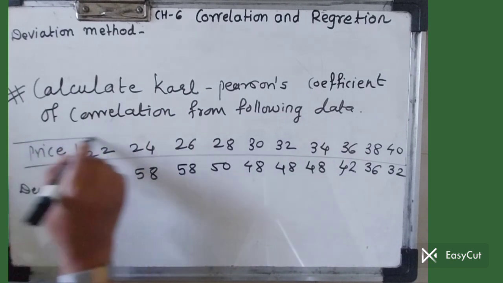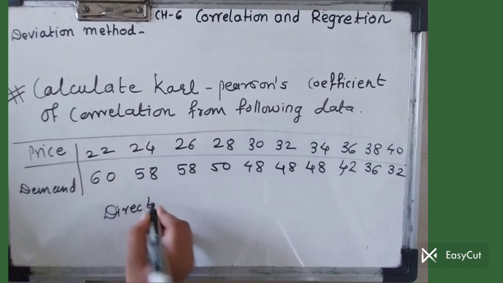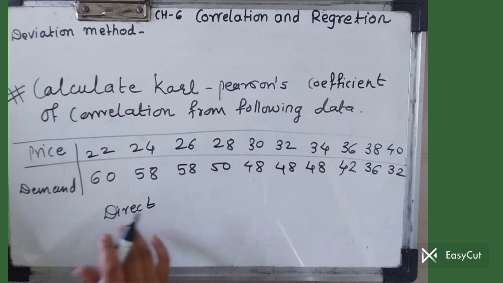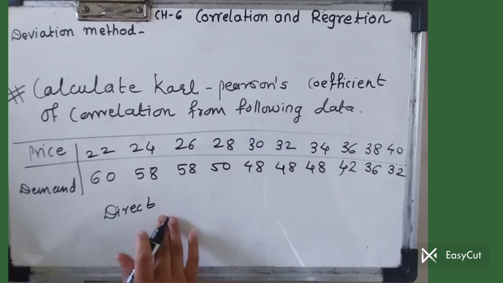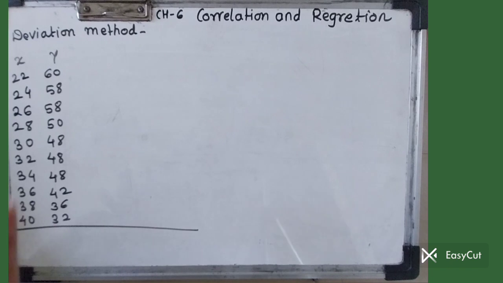We can find this by using the direct method and by using the deviation method, both. First we see the deviation method. This is our example.